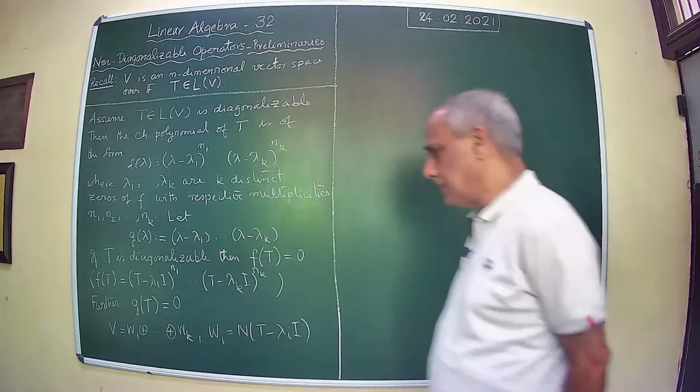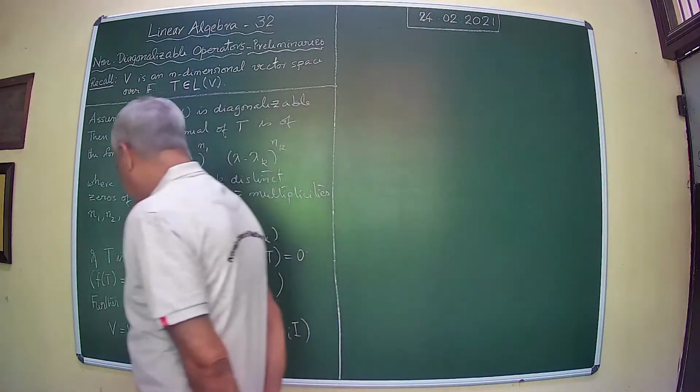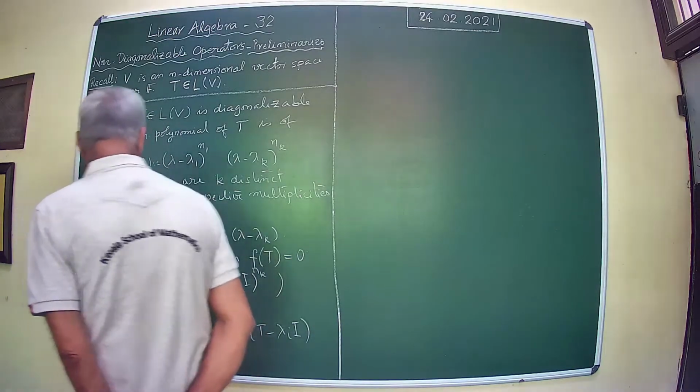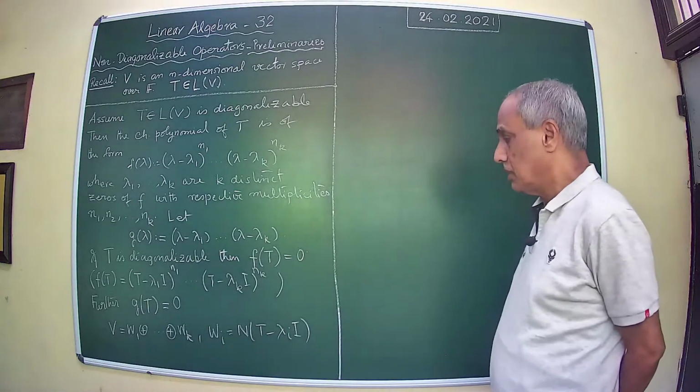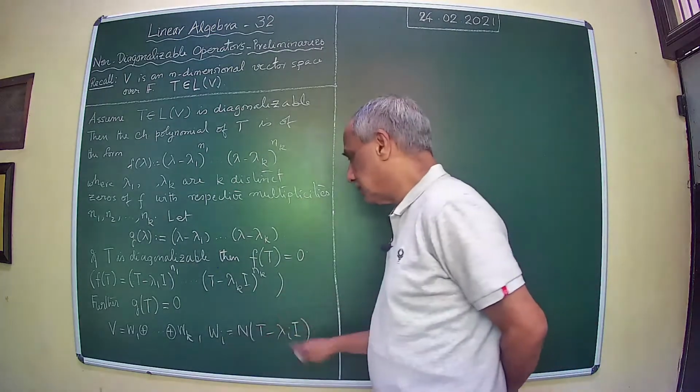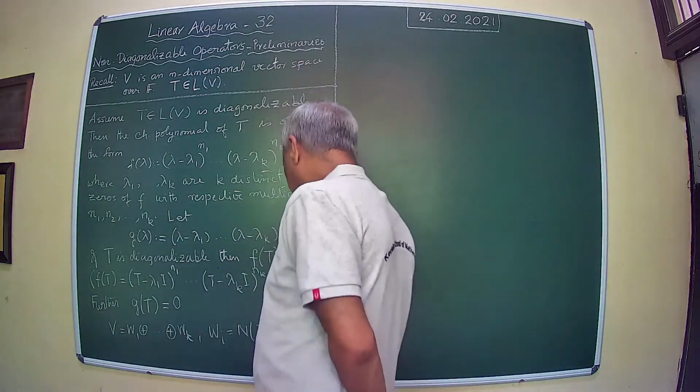W1 is the eigenspace associated with lambda 1, etc. Wk is the eigenspace associated with lambda k. And that is clear from this definition of Wi.